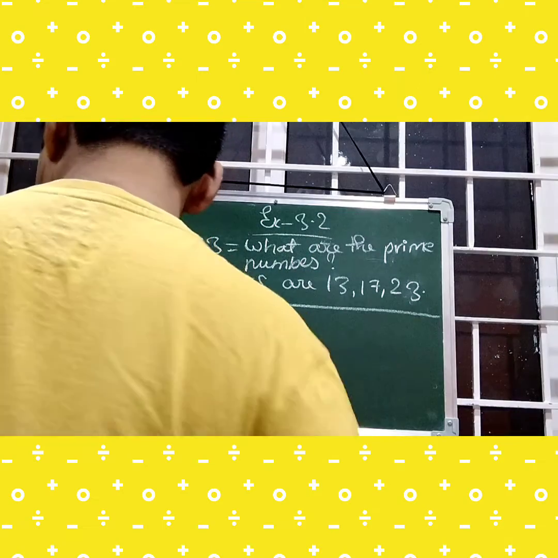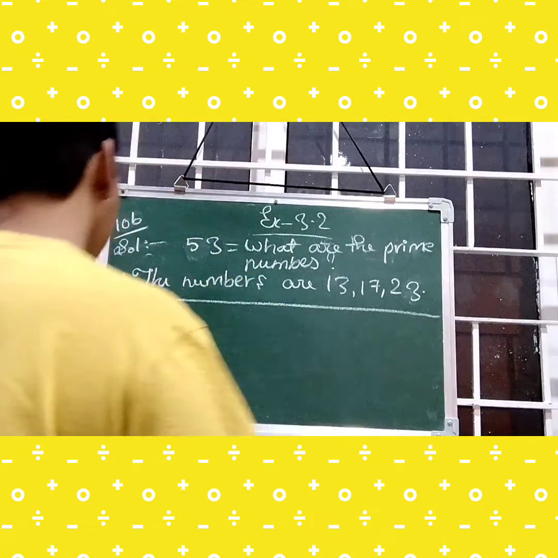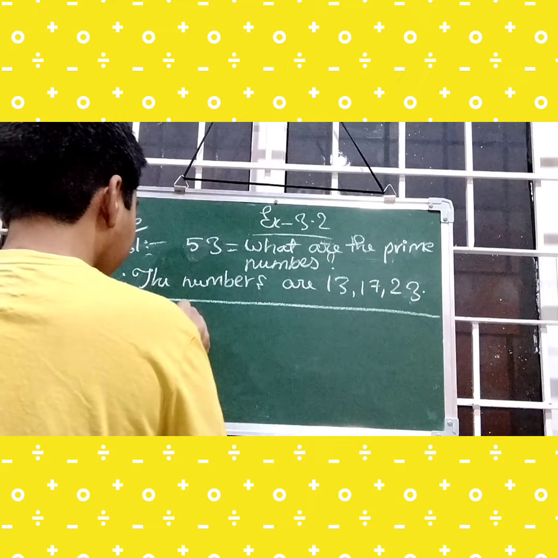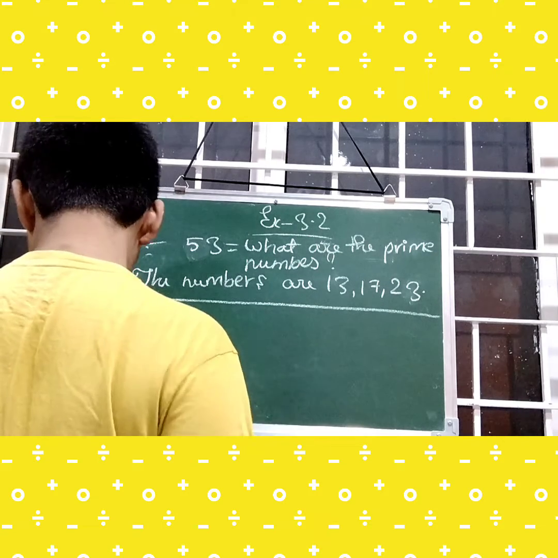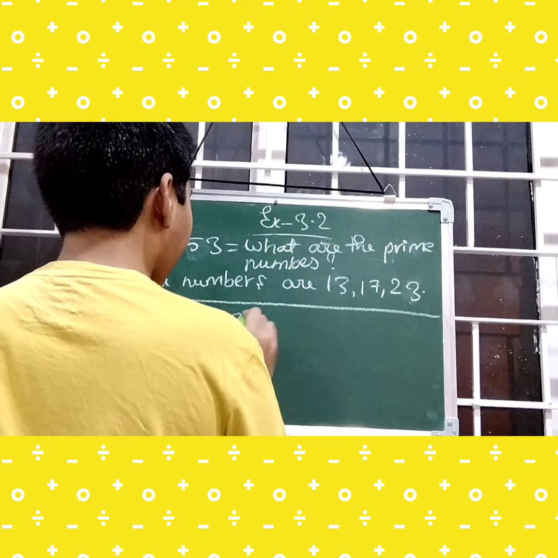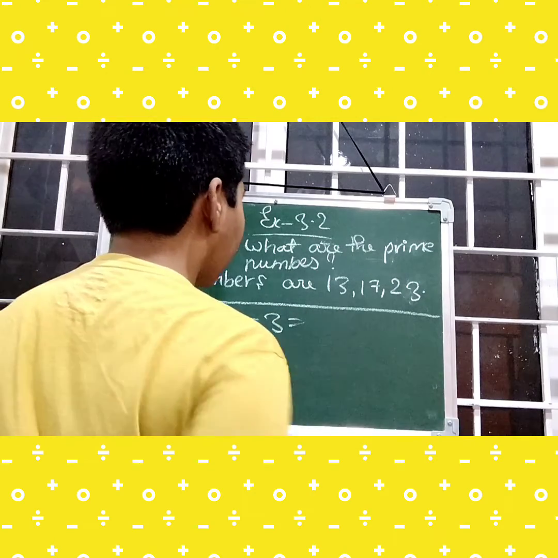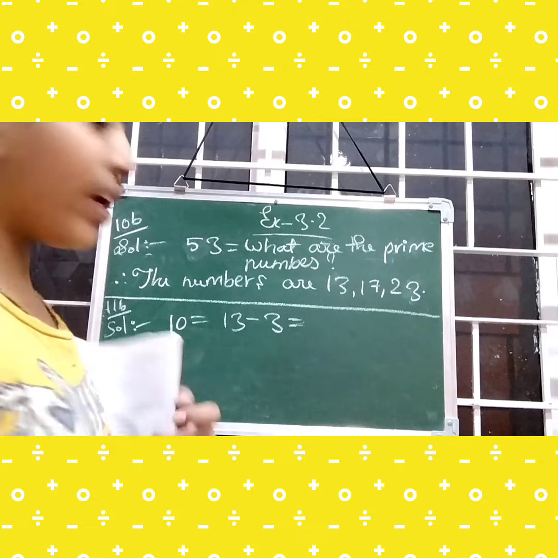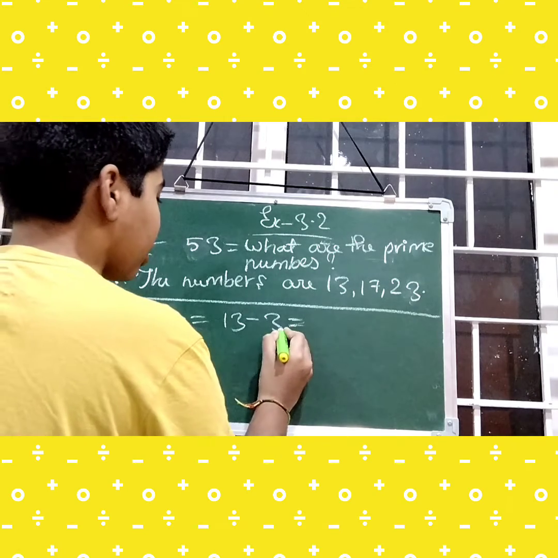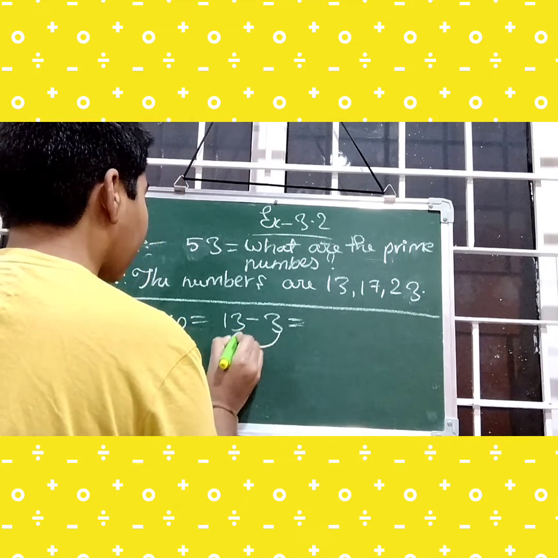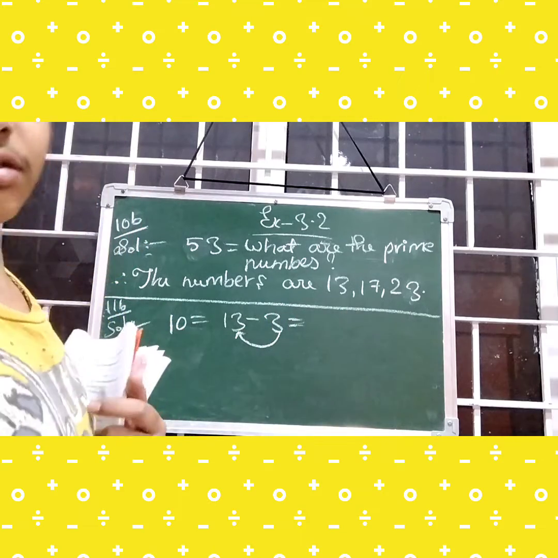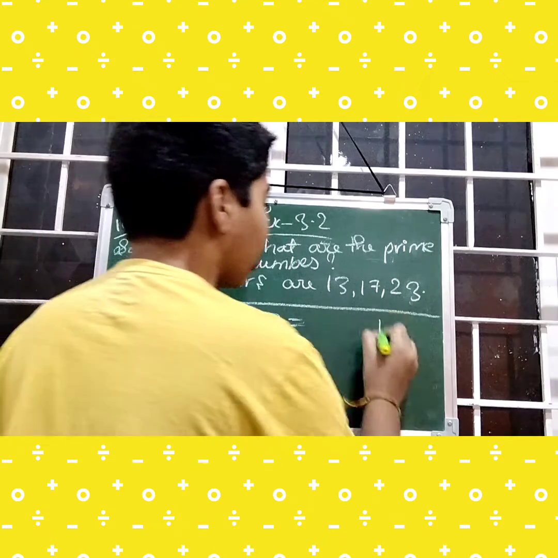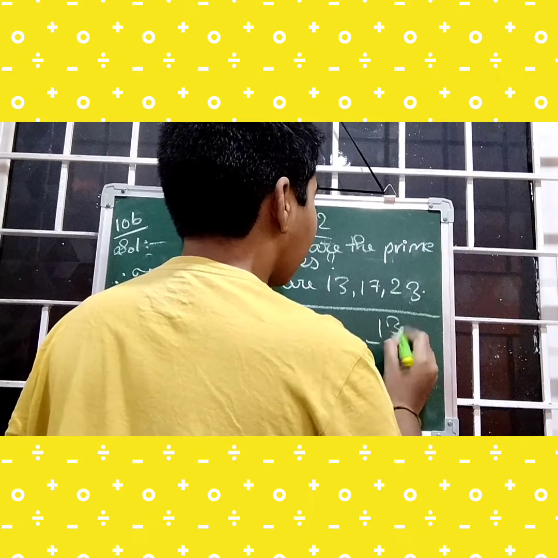So for that, I am taking 10 equals 13 minus 3. Okay. So for this also we can do very easy calculation. So for 3 and 3, we should do subtraction. So if we do subtraction also, we will do it like this only, no?